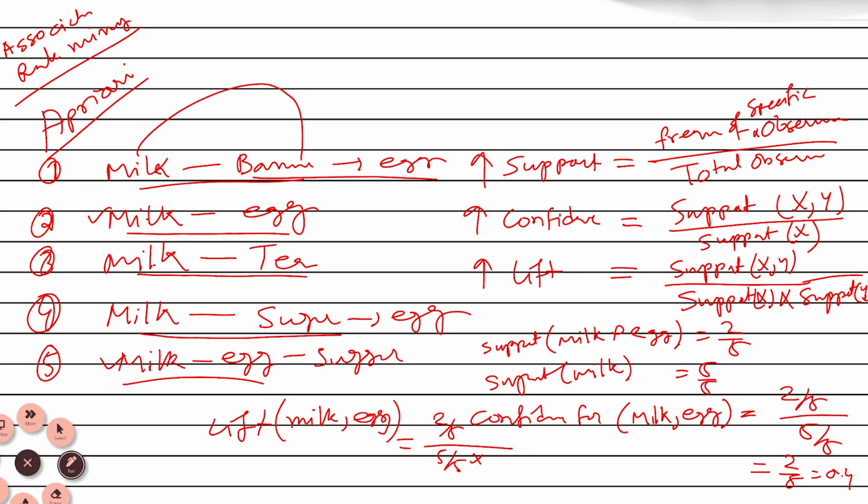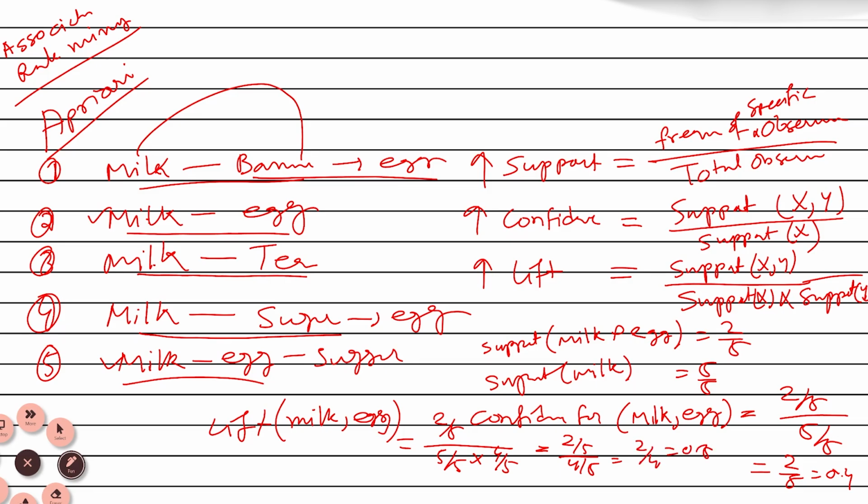How many times is egg appearing? 1, 2, 3, 4 times out of 5, so 4 divided by 5. So if I calculate 2 by 5 divided by 4 by 5, that is nothing but 2 by 4, 0.5.